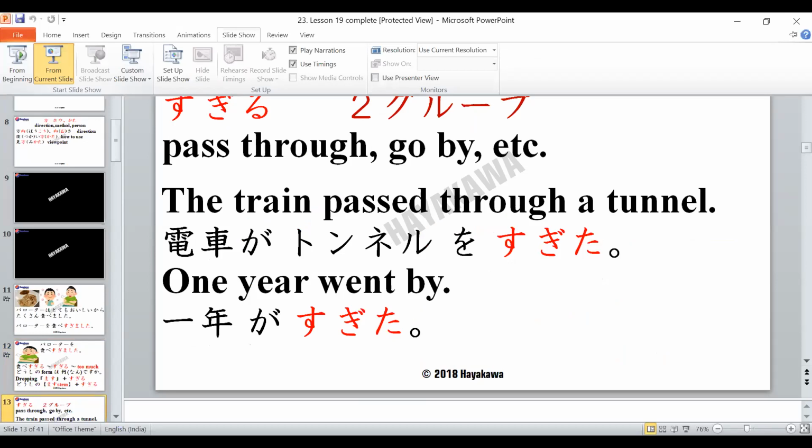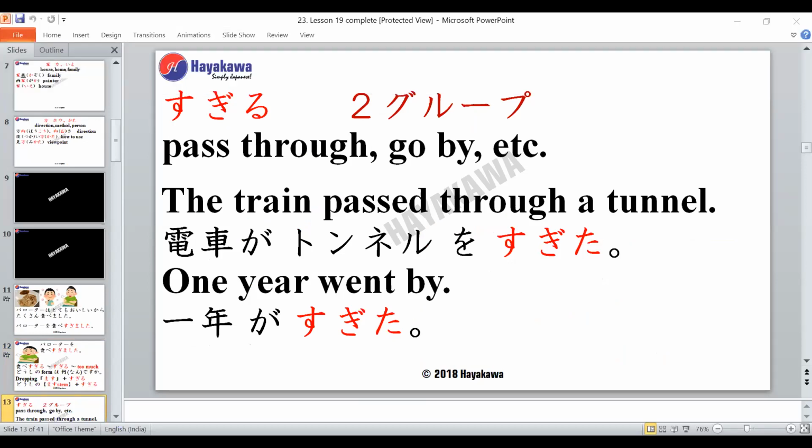So sugiru is a second group verb, okay? And it also has the meanings of passing through or going by. So there are two ways of using the verb sugiru. One way is to say too much, and the other meaning is pass through or go by. So for example, the train passed through a tunnel.